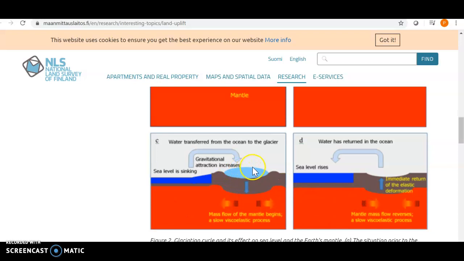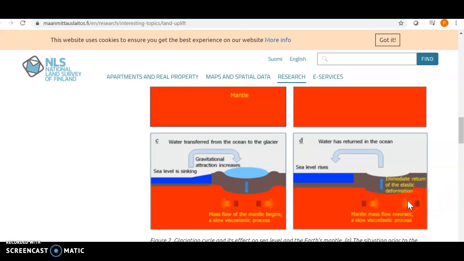Now, what happens if you melt the ice? So if we go to D, we've melted the ice. And the ice now being melted means there's less mass, and there's an immediate kind of return of the lithosphere up here. The basic land area is rising now, and that's allowing very slowly the viscous mantle material to flow back in from either side.